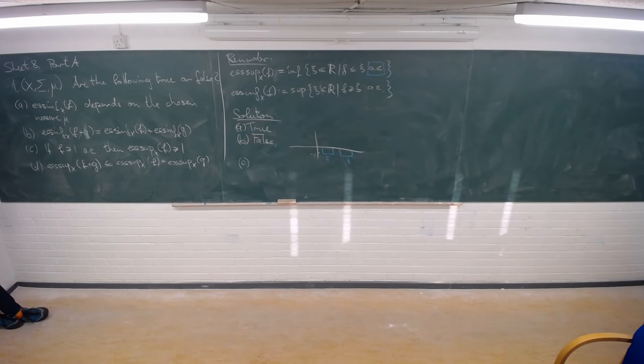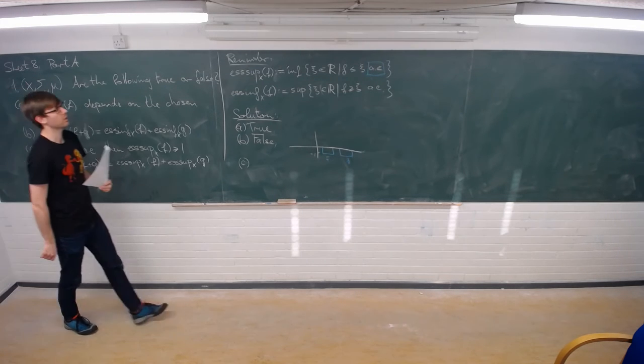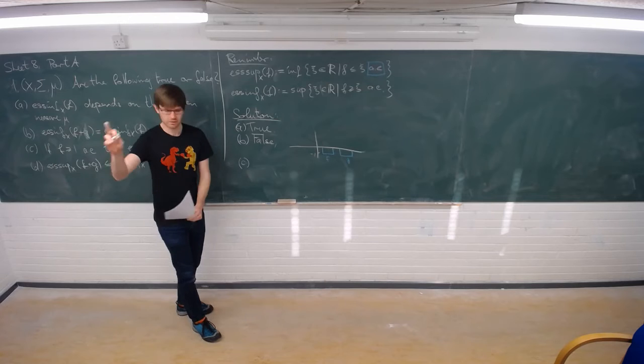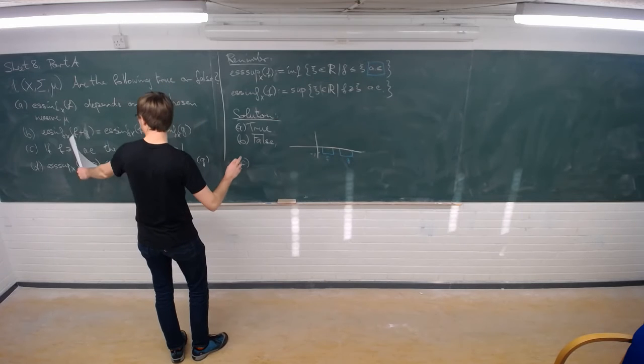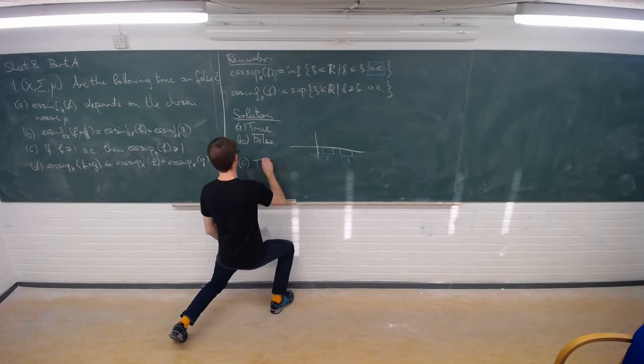True. If f is greater or equal to 1 almost everywhere, then the essential infimum is greater or equal to 1, then the essential supremum is greater or equal to 1. Yes, that's correct. So C is true.